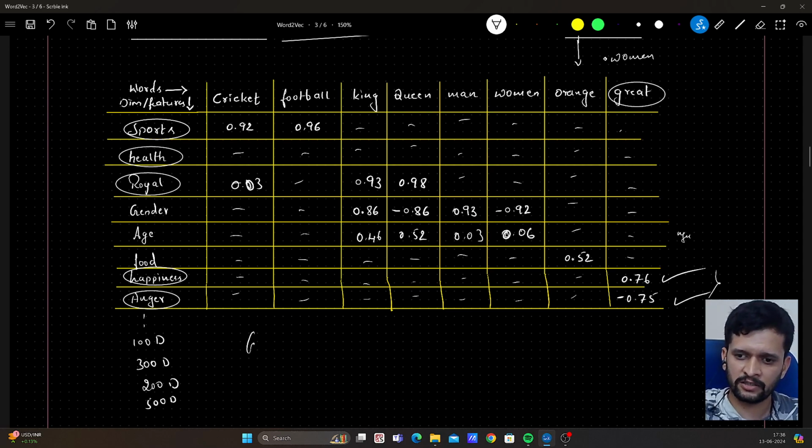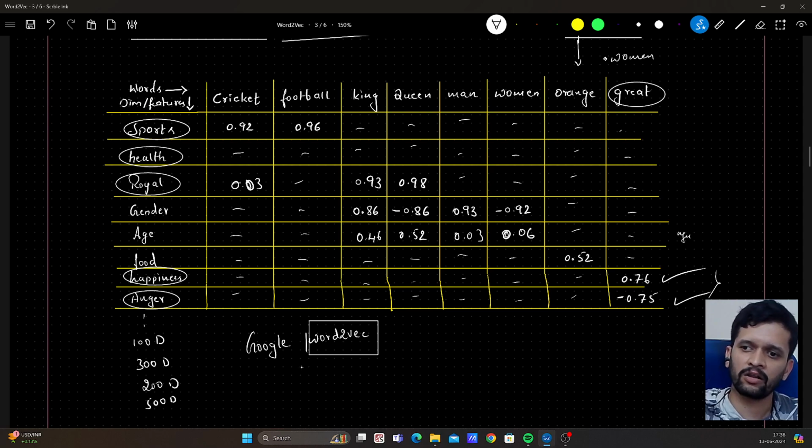Take the Google Word2Vec model, which has been trained on Wikipedia, around a billion words, in 300-dimensional space. So what you see here as 8 features, we will have 300 such features represented in the Word2Vec model trained by Google. Keep that in mind.